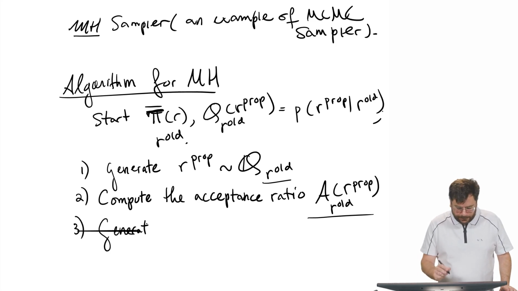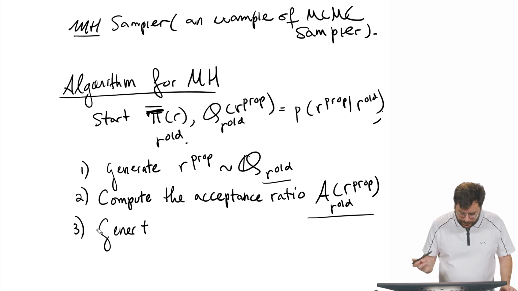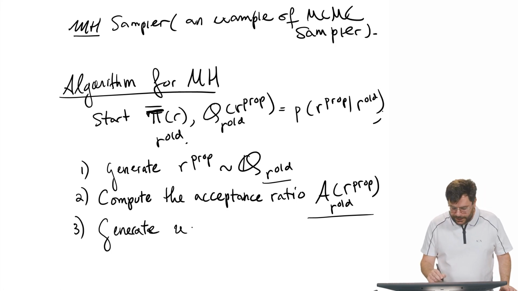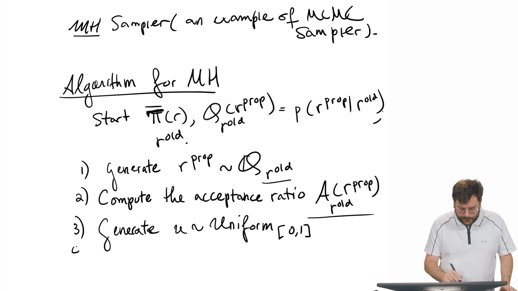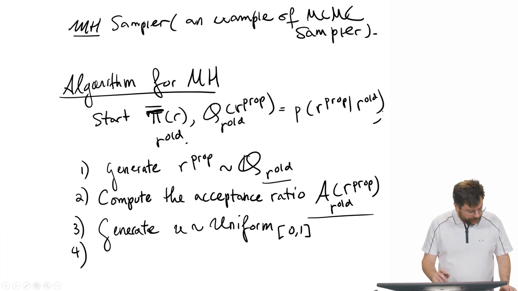Then generate a U drawn from a uniform distribution between 0 and 1.